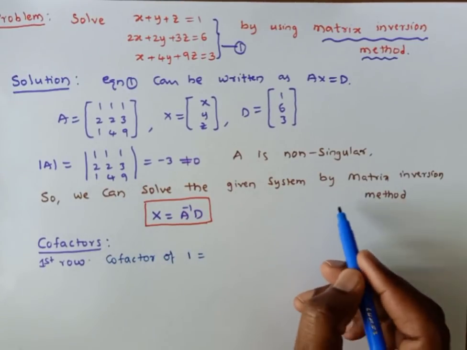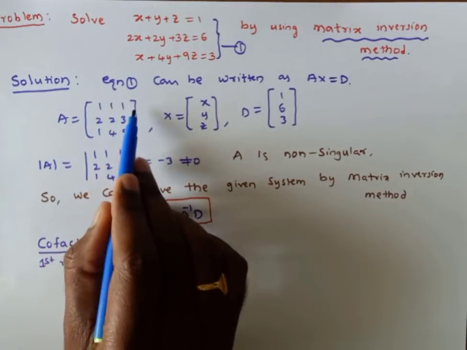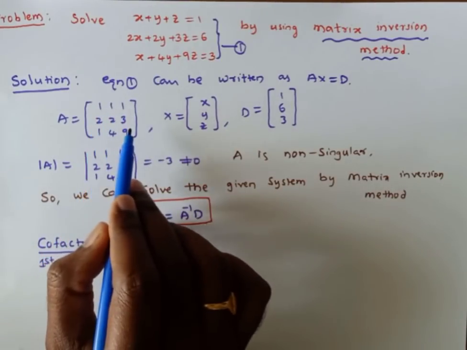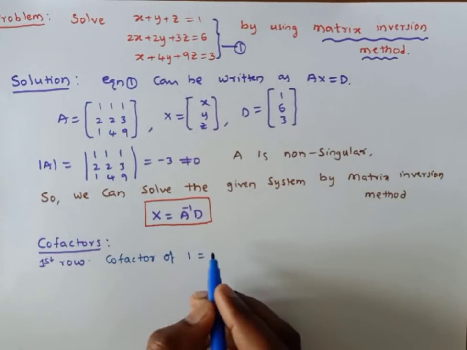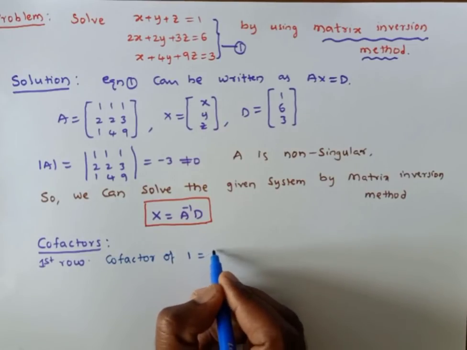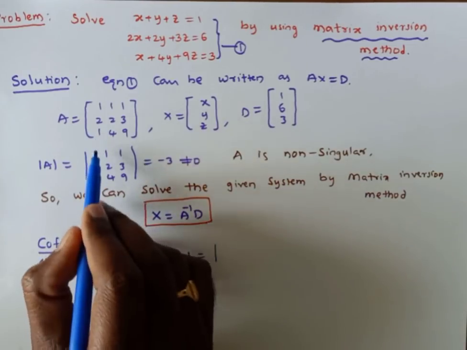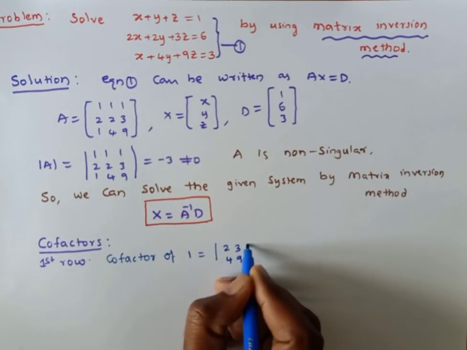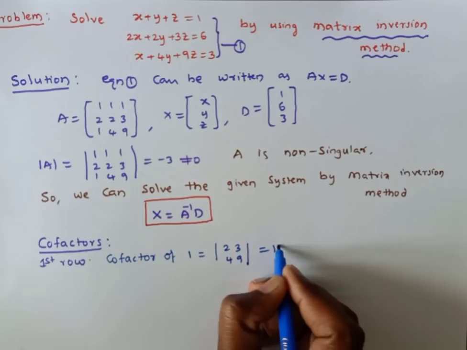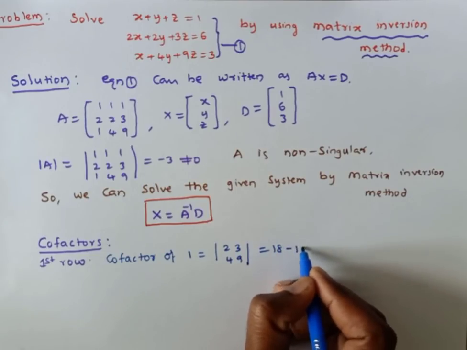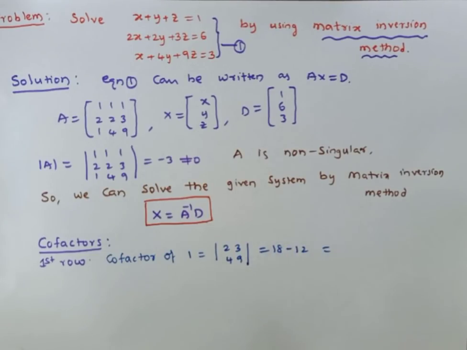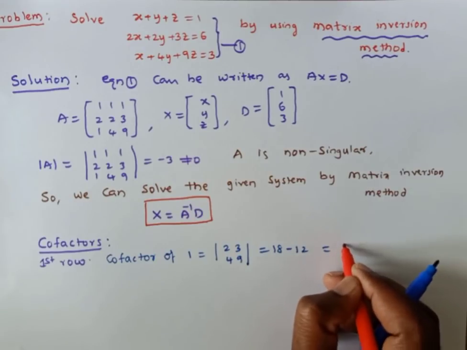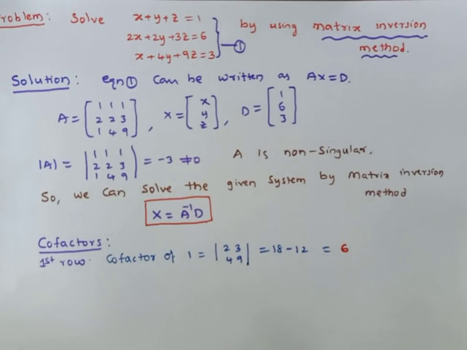You know the signs: plus minus plus, minus plus minus, plus minus plus. The first is positive into, by deleting this row and column we get 2 3 4 9, which is 18 minus 12, equals 6. So the cofactor of 1 is 6.